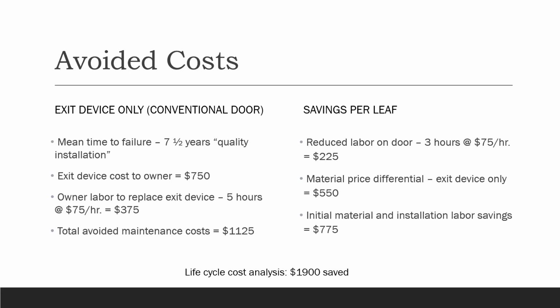Now, if you look at the initial savings, you would have reduced labor and reduced material, for an initial total savings of $1,900, or again, at least the avoidance of paying part of that later. Doors and hardware are maybe 1 to 2% of the projected cost of the entire project, but they're also 20% of the entire maintenance costs. So we're trying to avoid that.